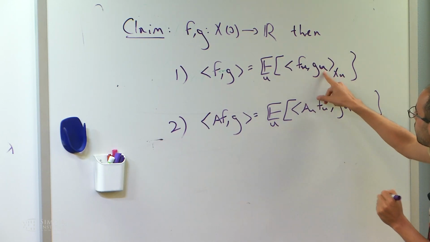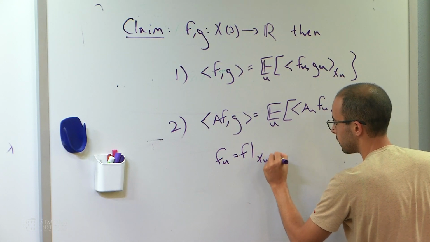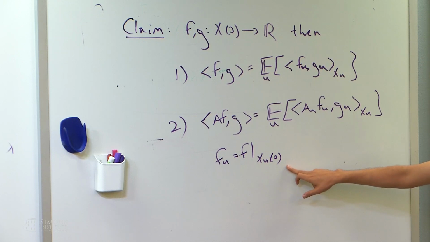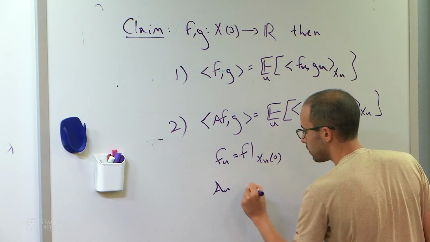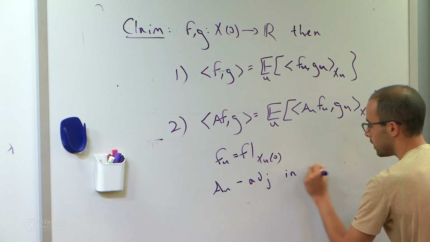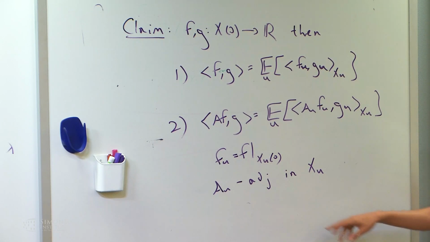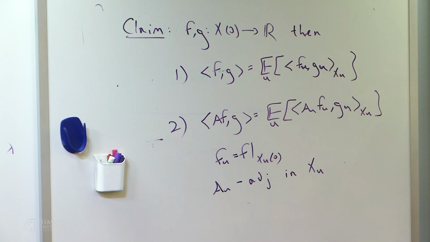So here when I say f_u and g_u, I just mean the restriction of f to all the vertices participating in the link of u. And when I write A_u, it's just the local adjacency operator in the link of u when I think of it only as a graph, its underlying graph.